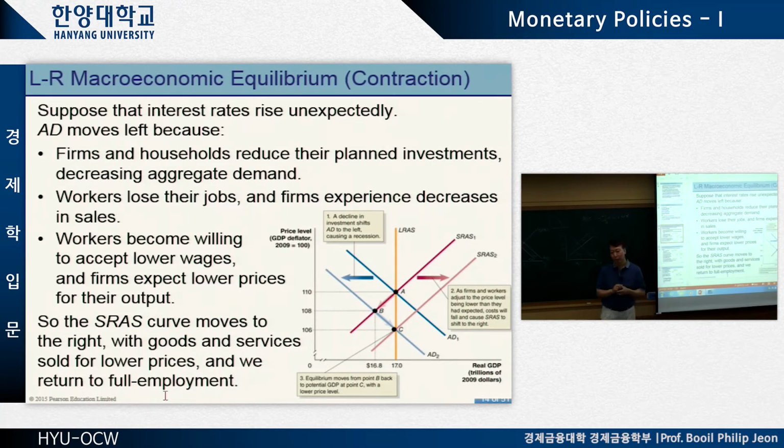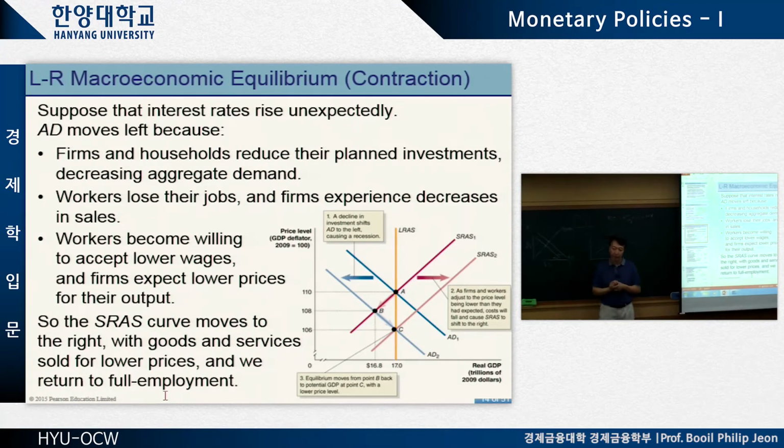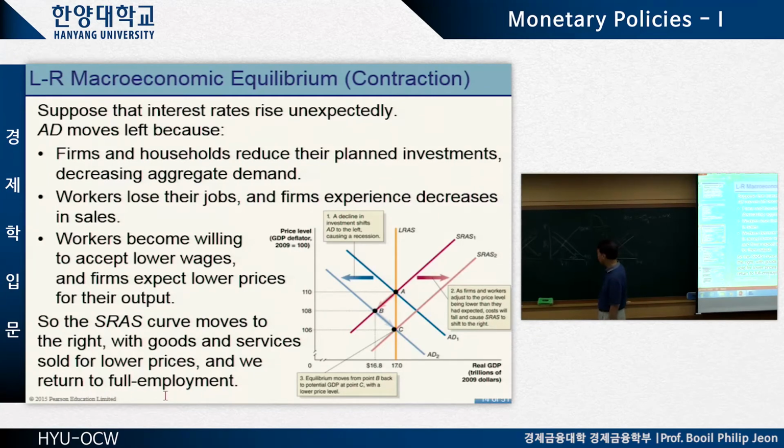Notice that we are assuming free and flexible adjustment in wages, right? So forget about that sticky wages thing for a moment. Assume that everything adjusts perfectly. Then workers will demand lower wages.